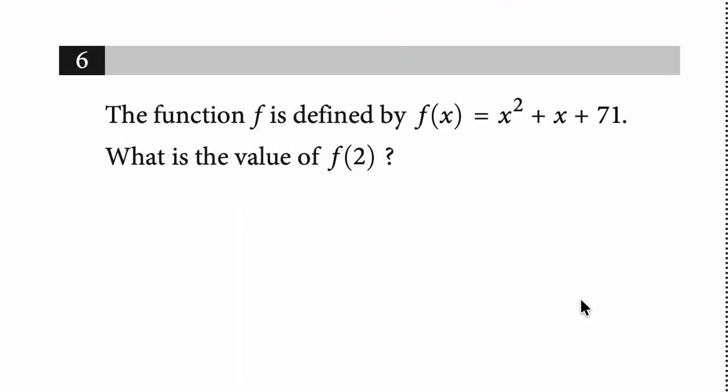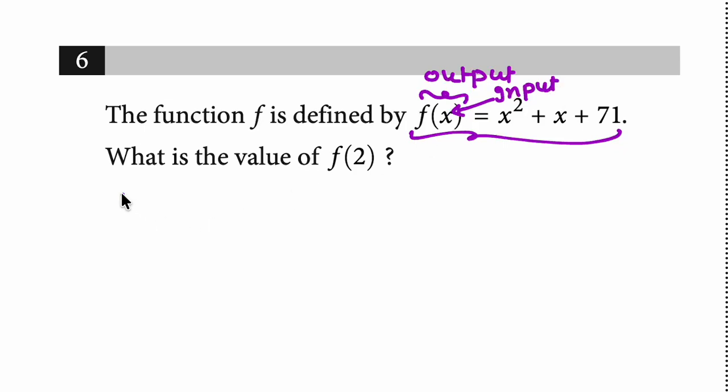Let's come to question number 6. The function f is defined by f(x) is equal to x squared plus x plus 71. Now if I see this equation, we have to find f of 2, right? So this f(x) is the output with this x as input.